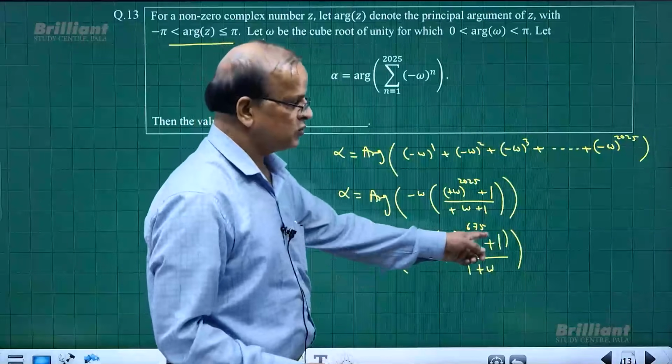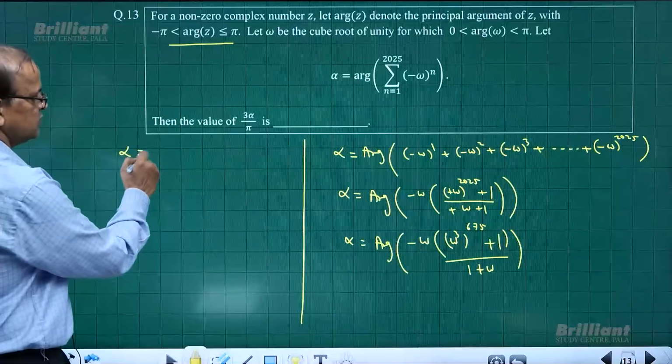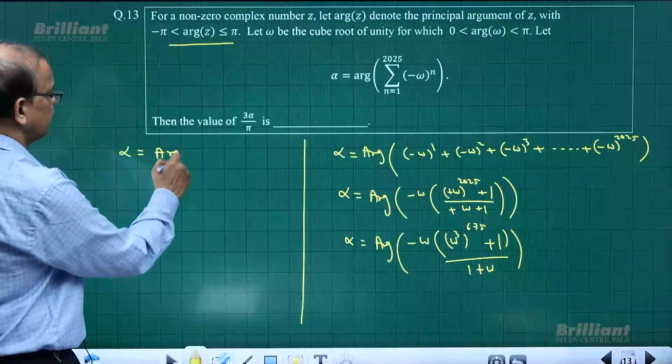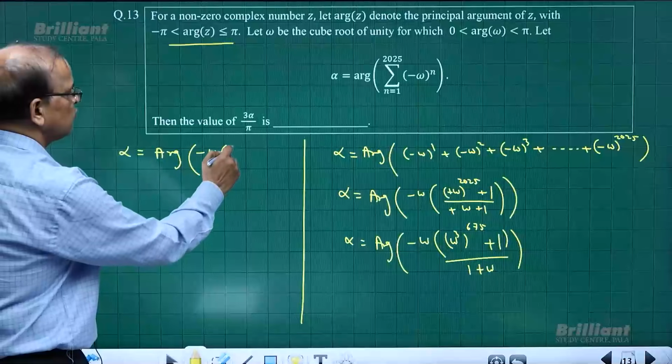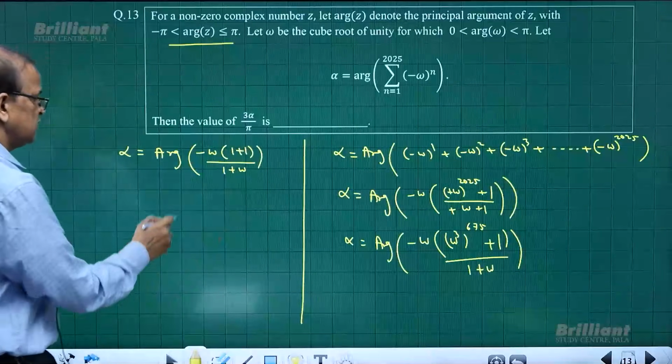So, the numerator is 2 minus 2 omega square, right. So, alpha is equal to argument of minus omega times 1 plus 1 by 1 plus omega, right.